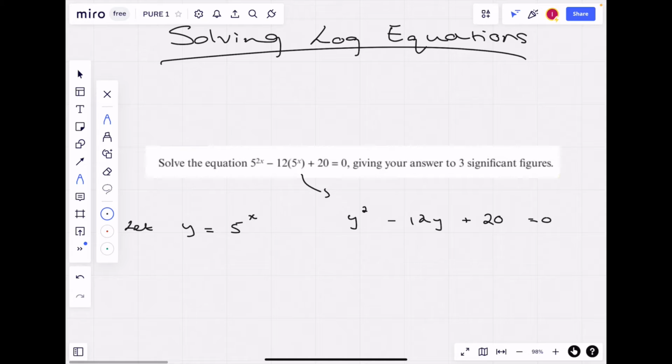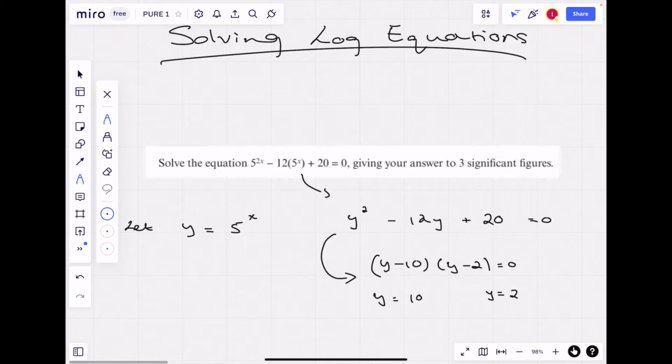From here, I just need to factorize. What would you get when you factorize? Y minus 10 and y minus 2 equals 0, which means y equals 10 and y equals 2.